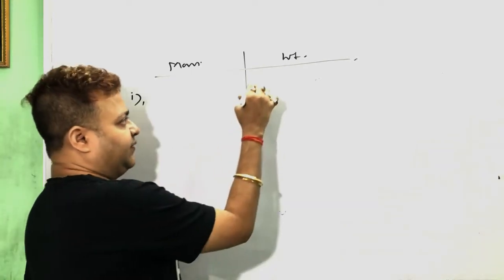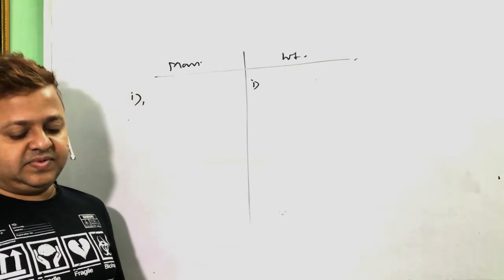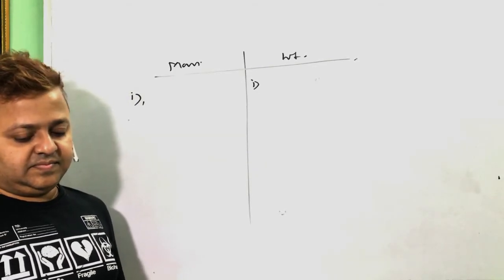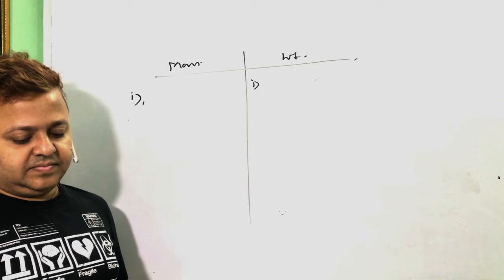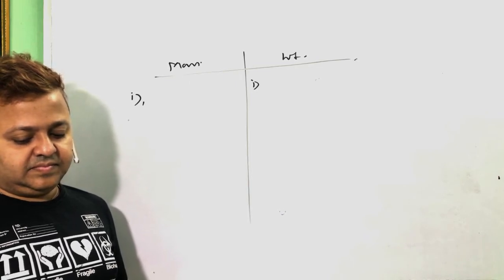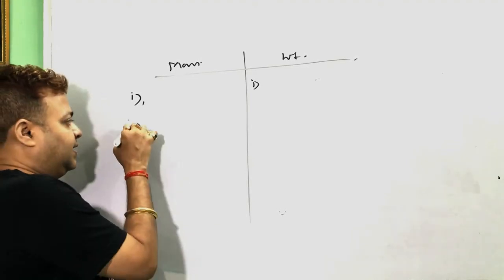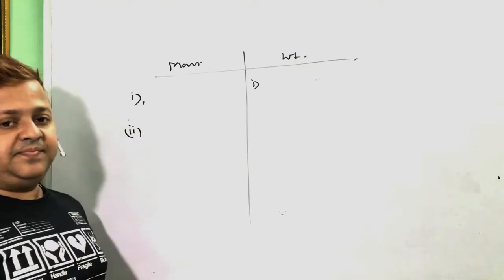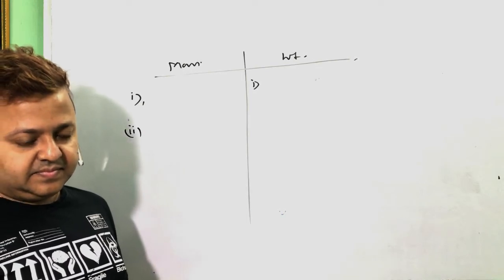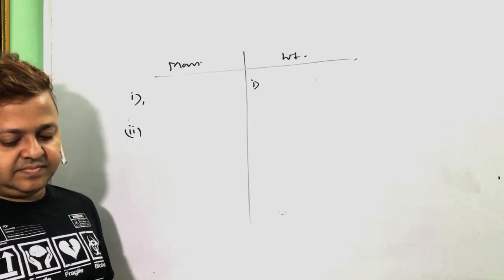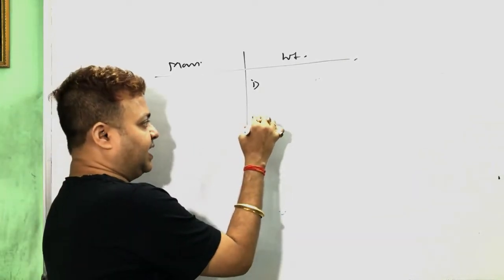Weight is the force which is due to the acceleration due to gravity. Mass is the measure of the inertia of the body, and weight is the measure of the gravity.